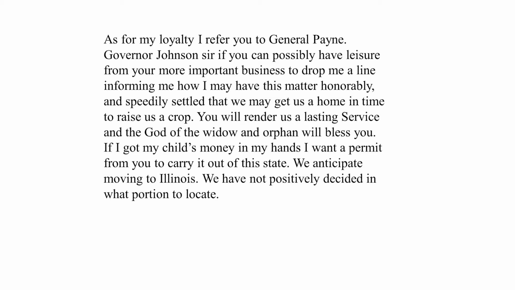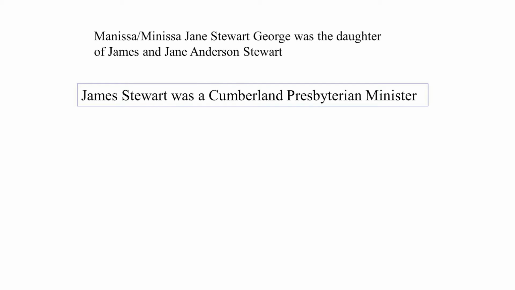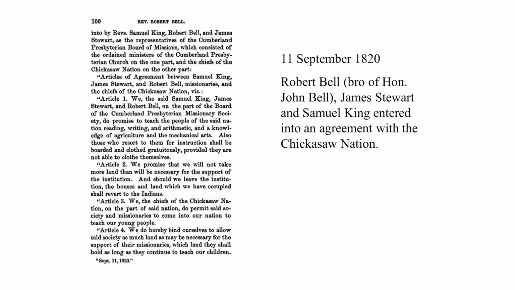Just looking at the access of that, notice that she said, your political friend, Vanessa J. George. Her father was a well-known Cumberland Presbyterian minister who was involved with the treaties with the Chickasaw. Robert Bell, who was Honorable John Bell, congressman, was involved in that treaty with the Chickasaw Nation.